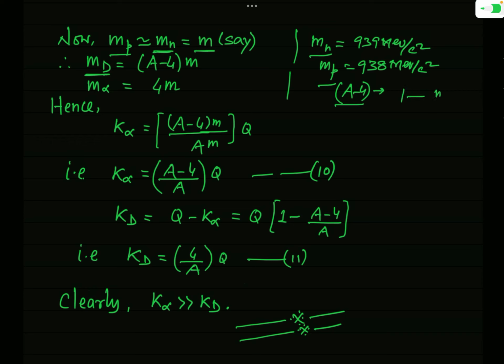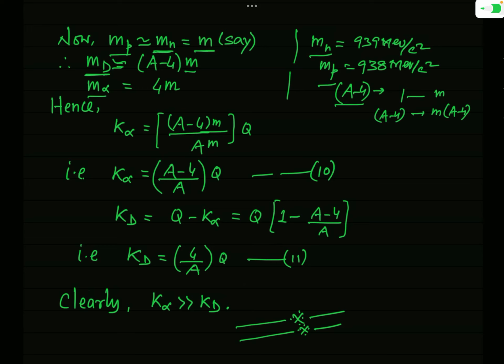So the mass of A minus 4 nucleons will be m into A minus 4. So roughly you can say that the mass of the daughter nucleus is almost equal to A minus 4 into m.